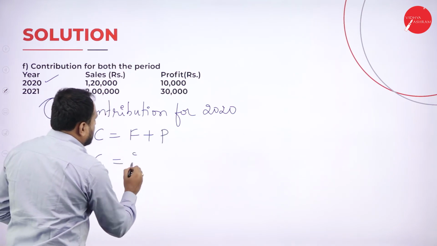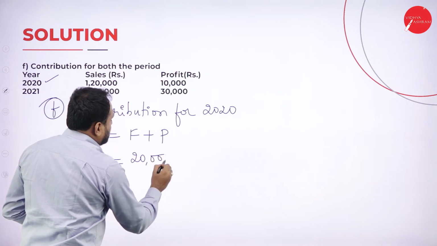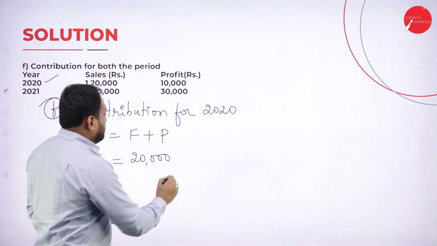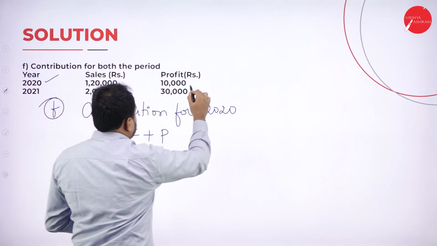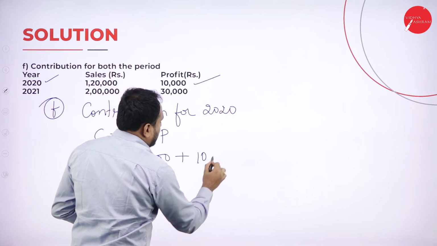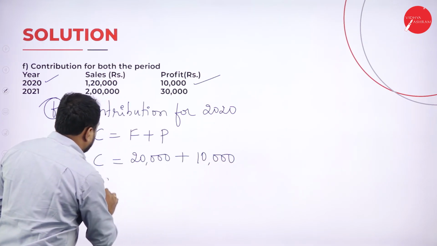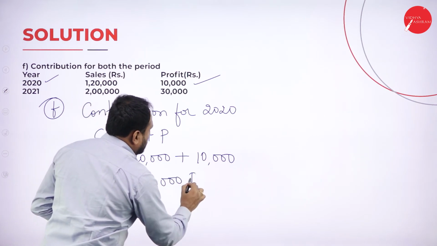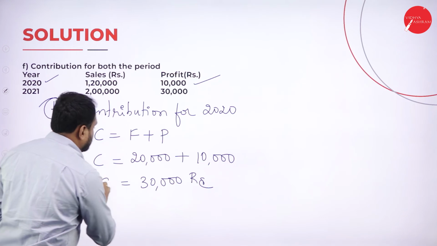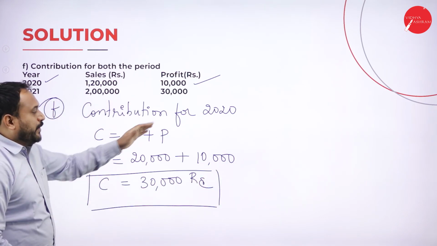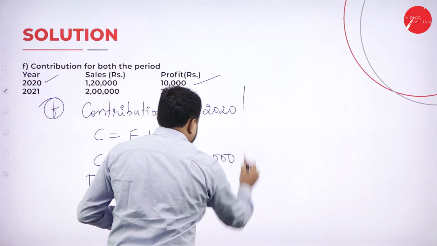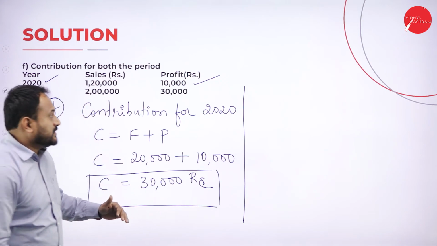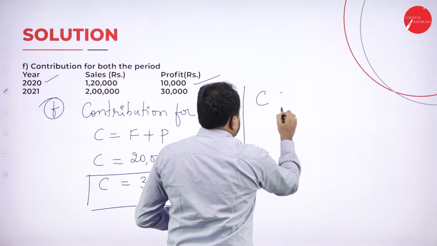Fixed cost will always be same, 20,000 is what we have actually found, plus 2020, what is the profit? 10,000. So my contribution is equal to 30,000 rupees. So 2020, my contribution is 30,000 rupees.